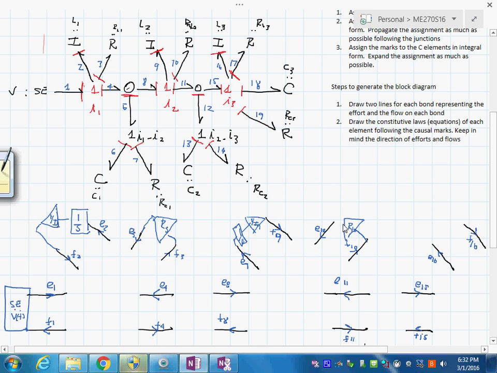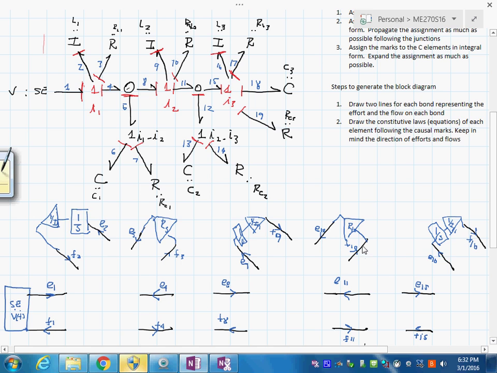The C element, you have the flow gets integrated by 1 over s. This thing gets multiplied by 1 over C sub 18, and there is E. Let's do the R element over here. The flow gets multiplied by R19, and out comes the effort like that.